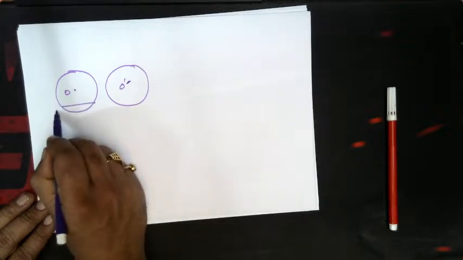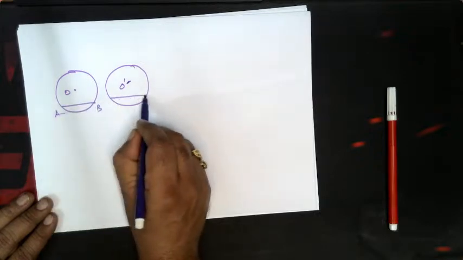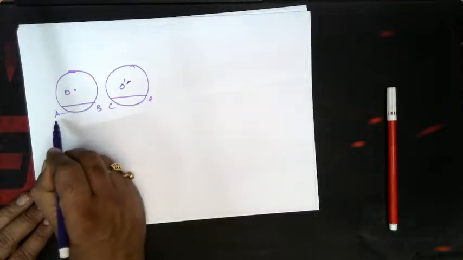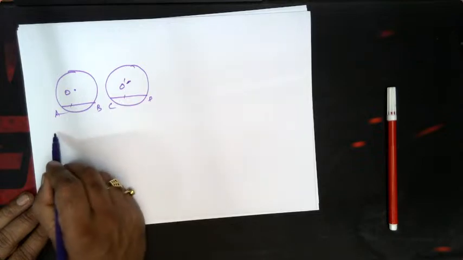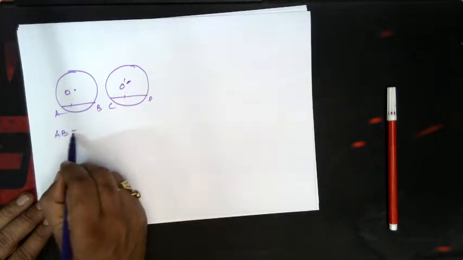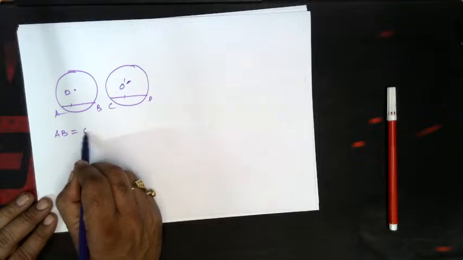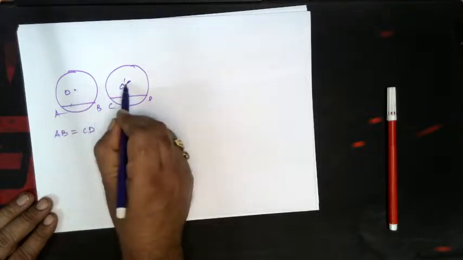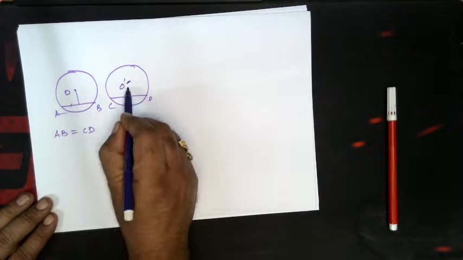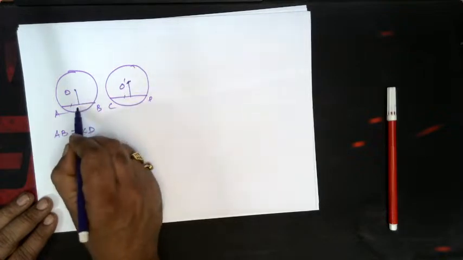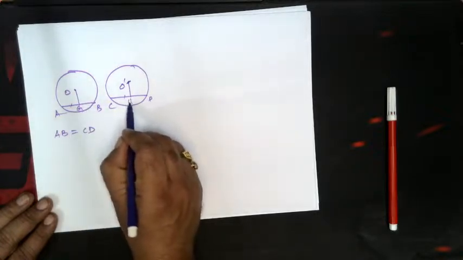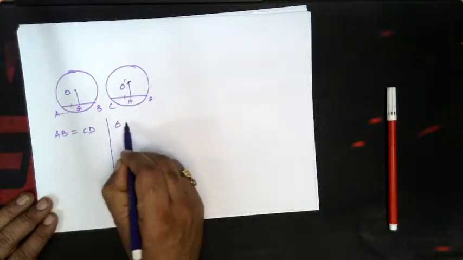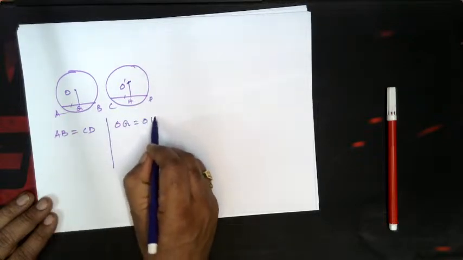Let me have AB and this is CD. They are of equal length. So what is the input? AB is equal to CD in chord length, and the distances from the corresponding centers will also be equal. So let me take G and H. OG is equal to OH.